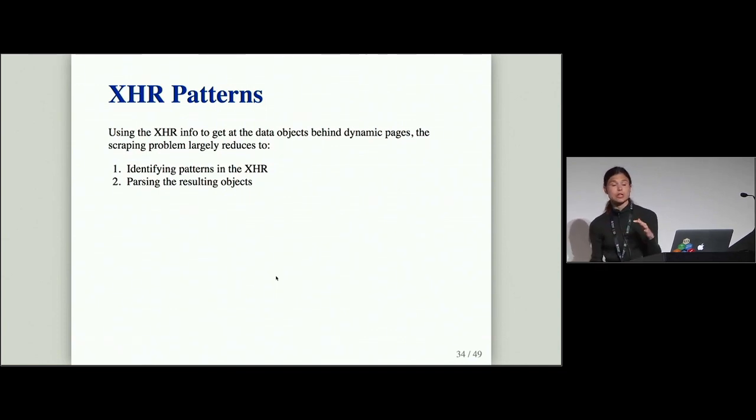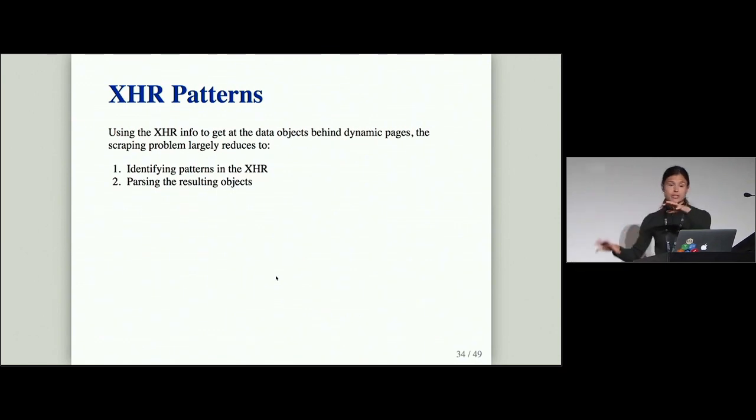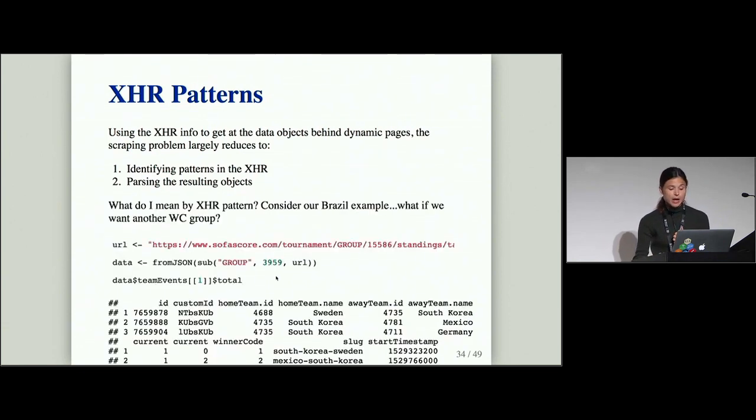Because if you have this list structure, it might mean that you're having to pull multiple elements from that list to get the final data frame that you may be interested in. But that's much, much easier than what you're going to encounter with the automated browsing scraping that we'll see in the following slides.